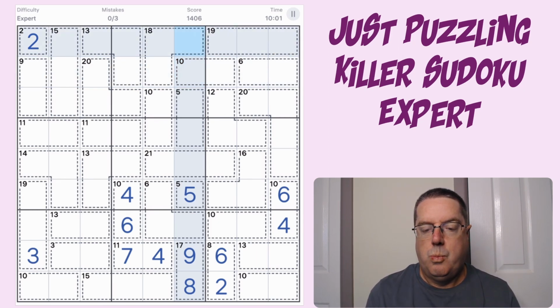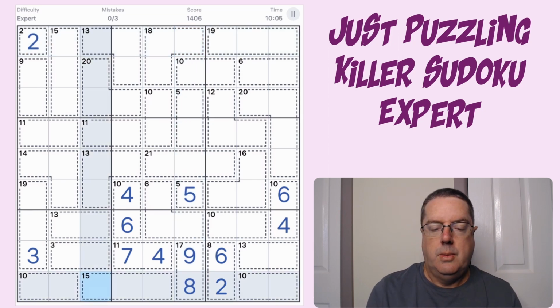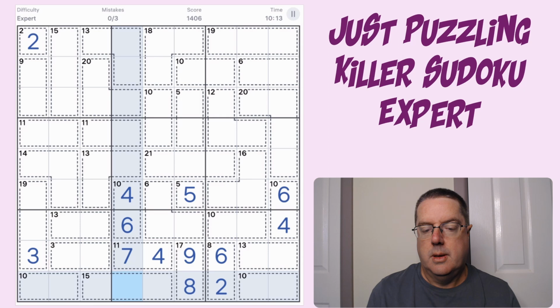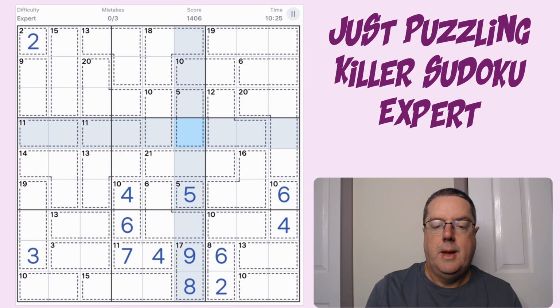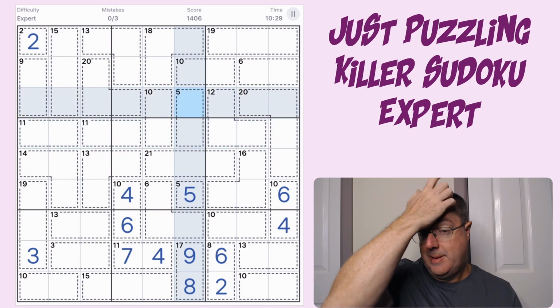So 9, so 5, and either 1 and 3. So 2's there. 2, 4. 4 and 1 could be there, or 2 and 3.